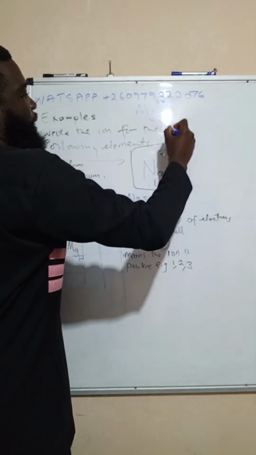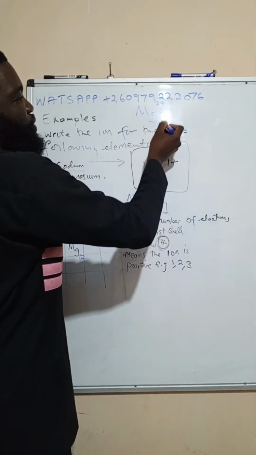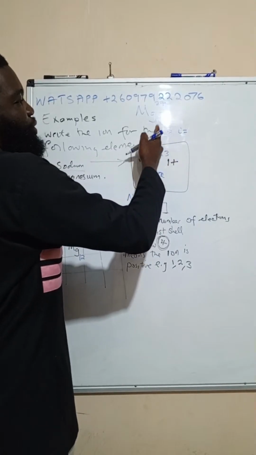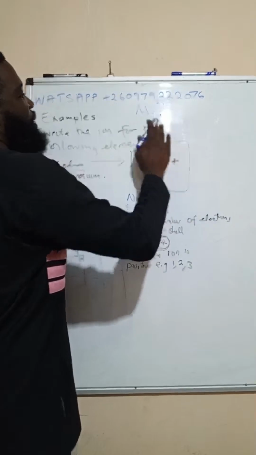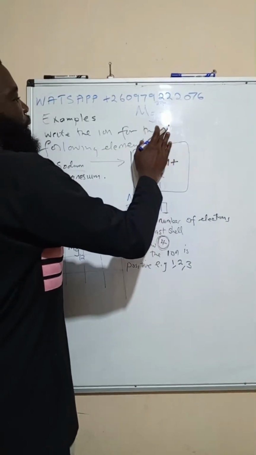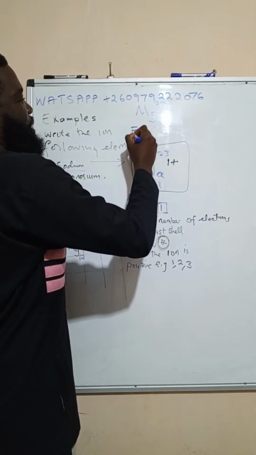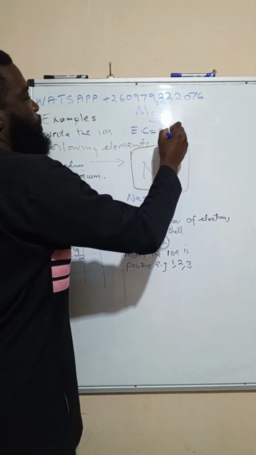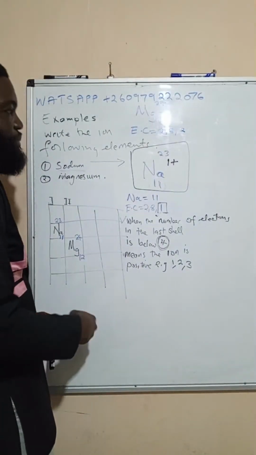Then you say EC. You remember I said the electronic configuration, you use this one down. I taught you how to do the electronic configuration in the first lesson. The EC is 2,8,2. Then you ask yourself, what is the last number?